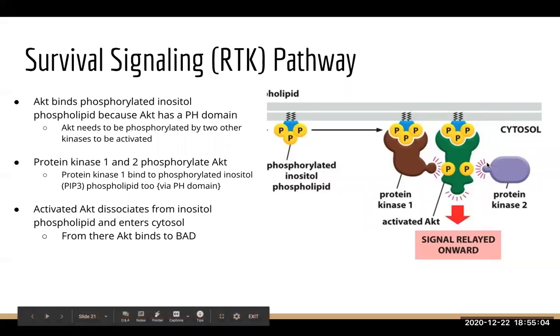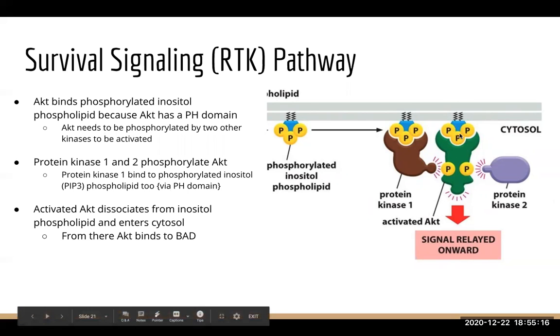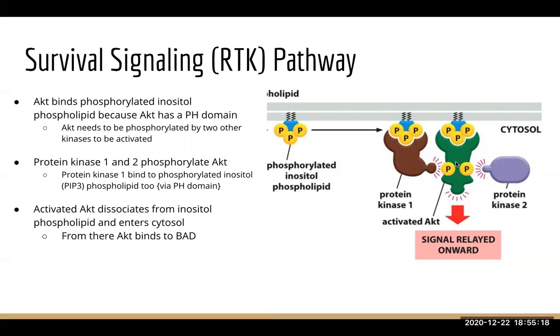AKT is just loafing around, it's not really doing anything until PIP3 has its 3 phosphate groups. Once it does, AKT is going to find this PIP3 and connect to it. But it's not functional yet until it gets phosphorylated by 2 other proteins.